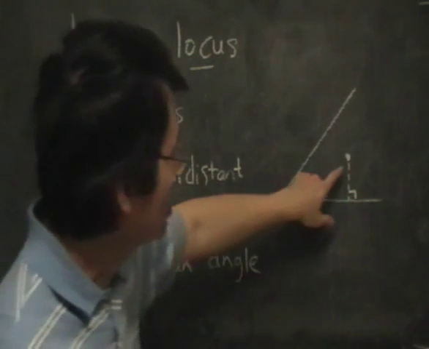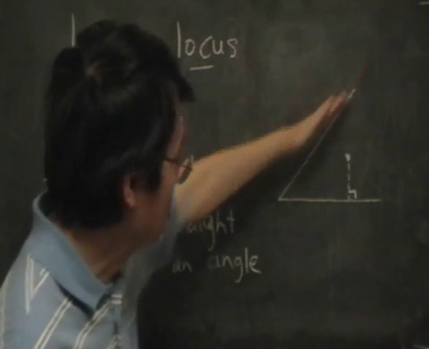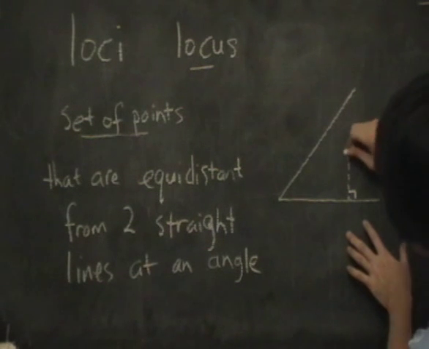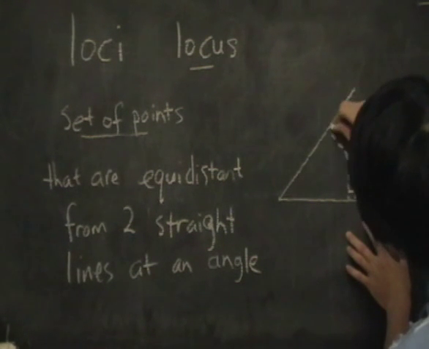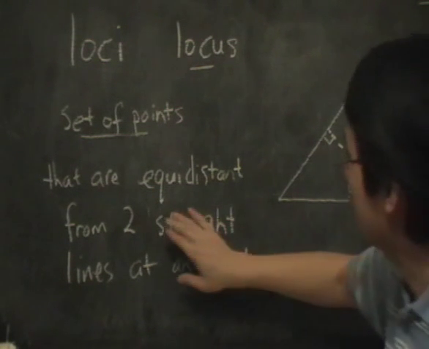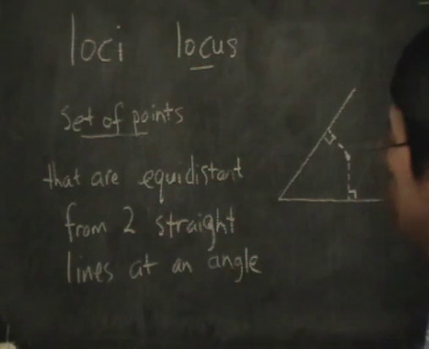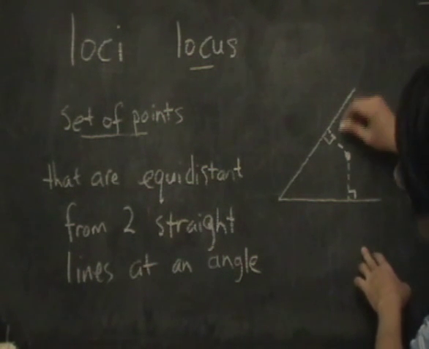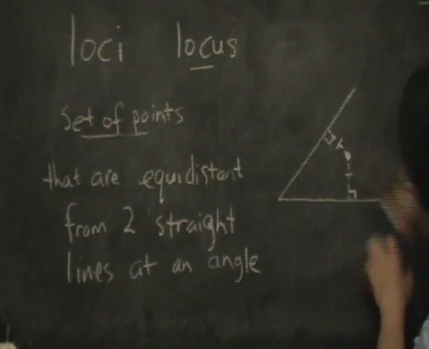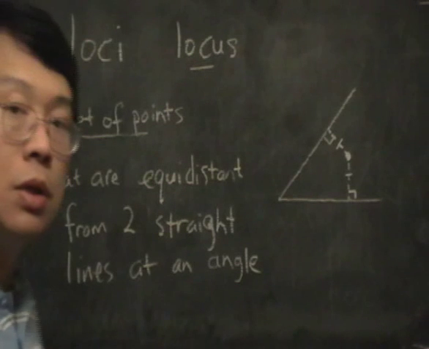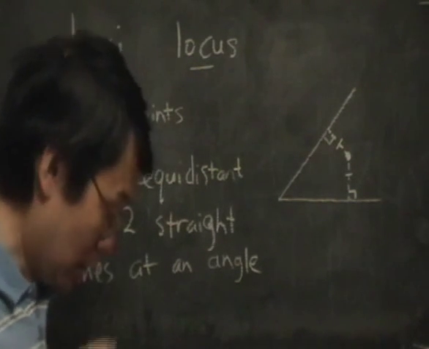In the same way, the distance of this point from the other line is given by this perpendicular from the point to the line. So when we say equidistance from the two lines, it means that these two distances must be equal. So that's the kind of thing that we want.